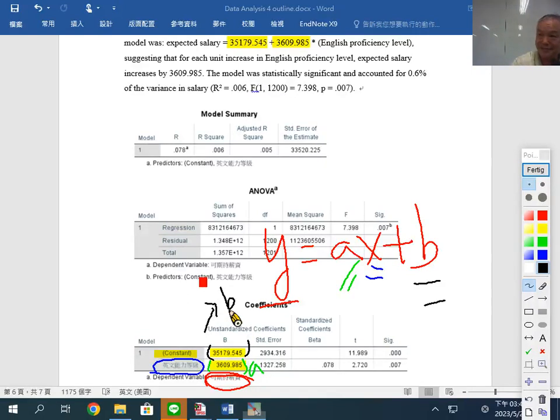Do you see that? So now, we just simply write the number and then fill it into the equation. We try to use this one, right?